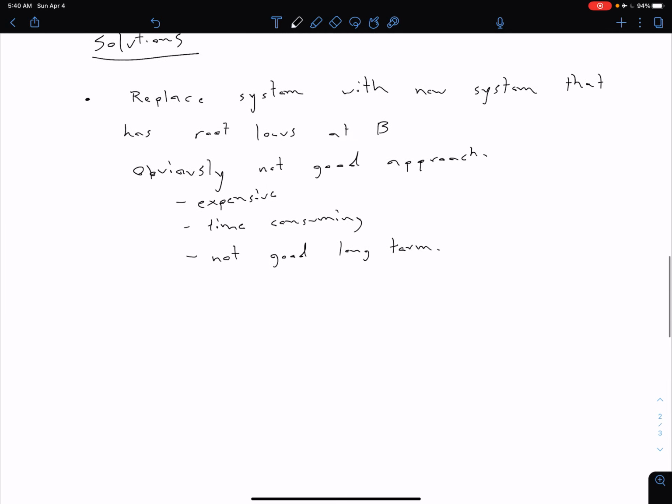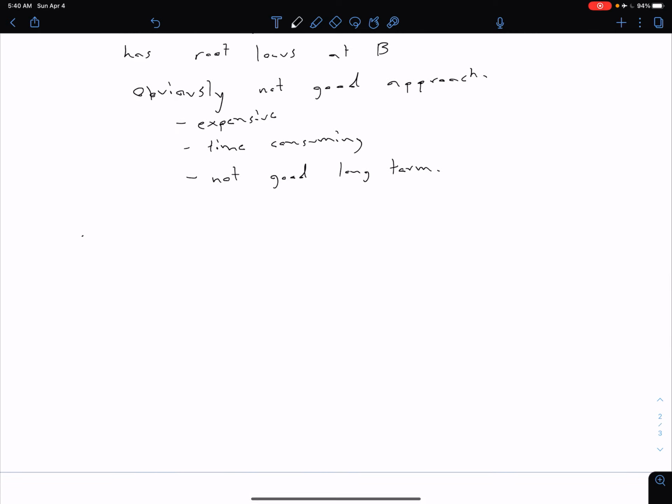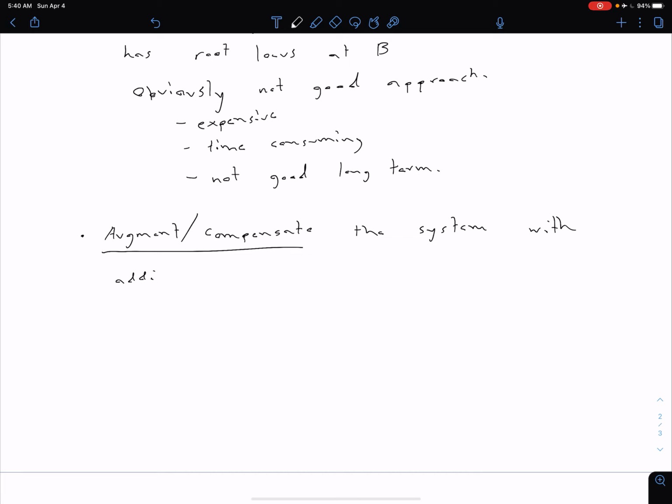So what we're going to do instead is we're going to augment or compensate the system. And so that's what we're going to spend the rest of this unit talking about, is different ways that we can do that. So we're going to augment or compensate the system. And so ultimately what that's going to look like is we're going to be adding different poles and zeros.